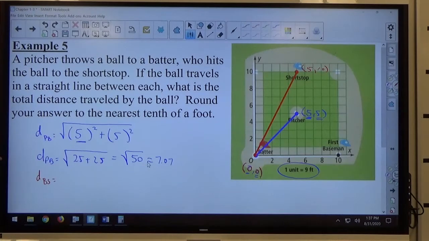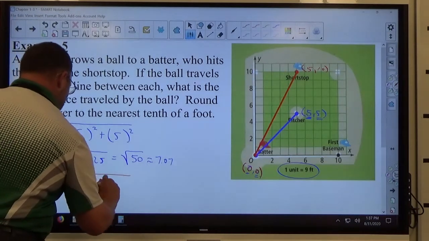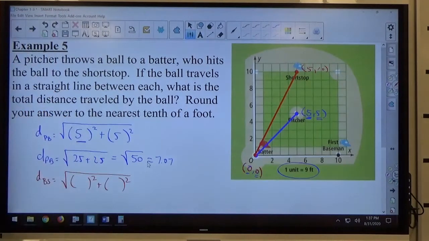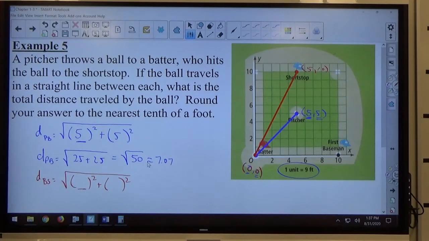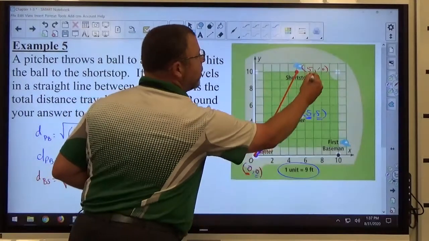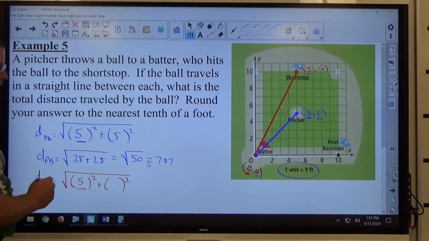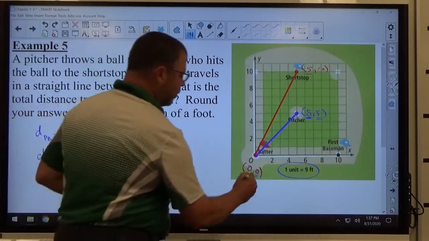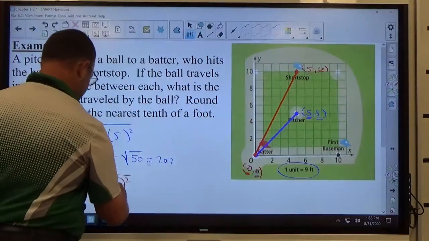So the distance from batter to shortstop is going to be the square root of parentheses squared plus parentheses squared. Anytime I'm using the distance formula to find the length of a segment, I want to create that structure every time. In the first parentheses, I'm looking for how far x changed. I started at x equals 0, I ended at x equals 5, so it changed by 5. Then how much does y change? It starts at y equals 0, ends at y equals 10. That's a change of 10.